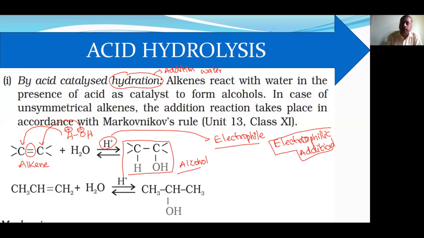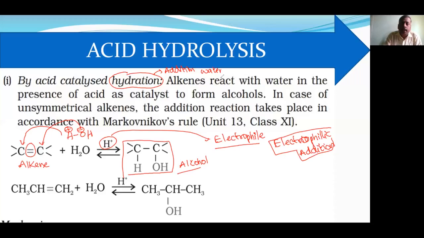Okay. So in the acid hydrolysis, the addition takes place on the carbon atoms. On one carbon atom, you will find H plus, and on another carbon atom, you will find OH minus. So when H plus and OH minus are added, the double bond will become a single bond, and the alkene will be converted into alcohol.